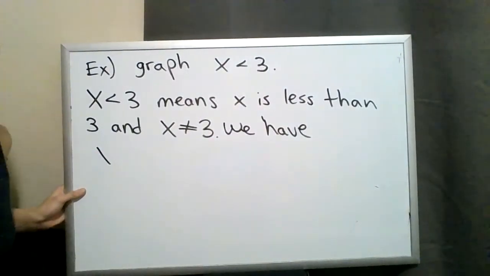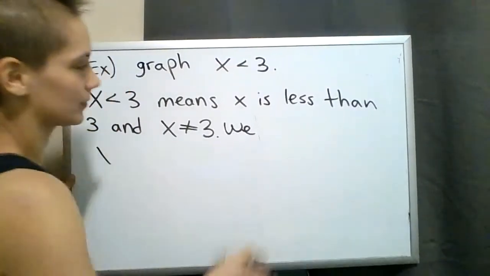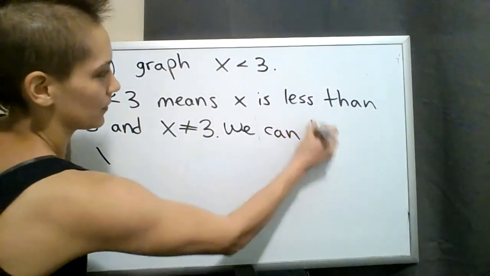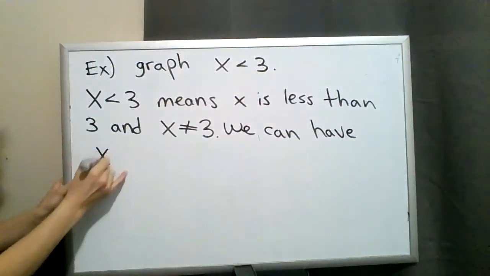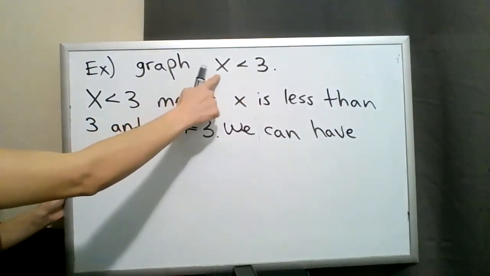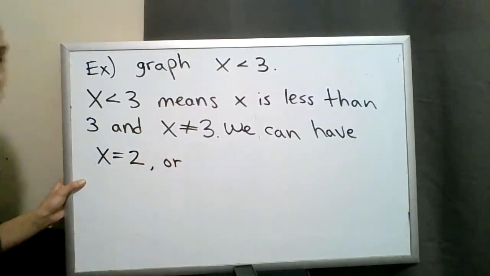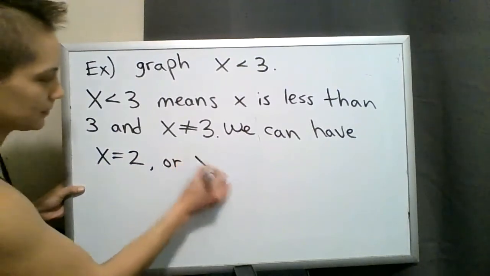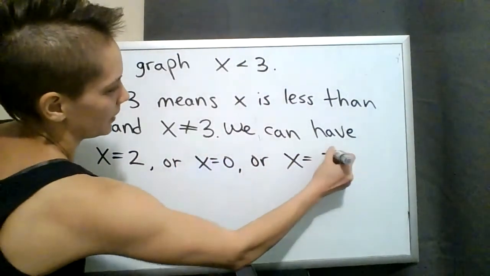Let's say we can have values of X that make this true. So we can have X equal 2. Or you could have X be 0. X equals -5.